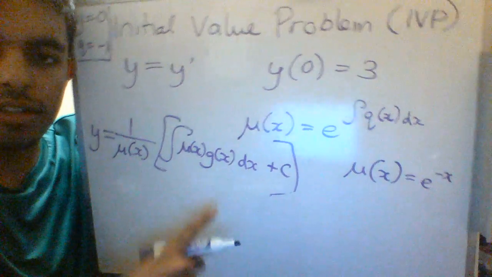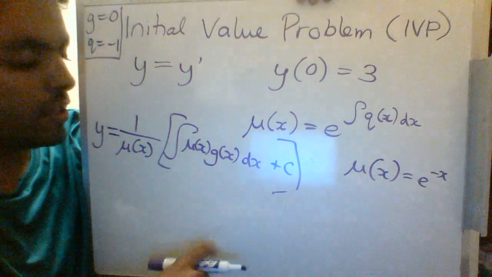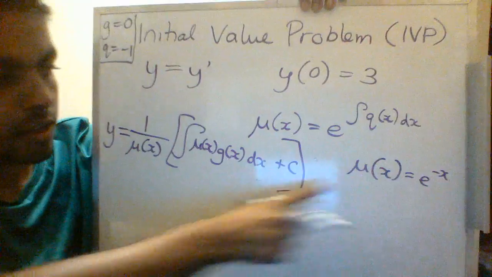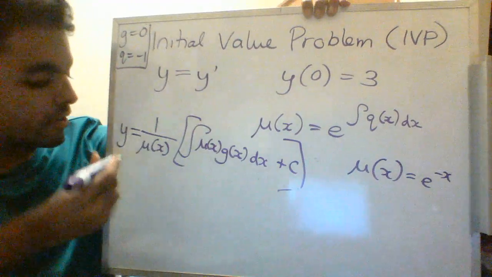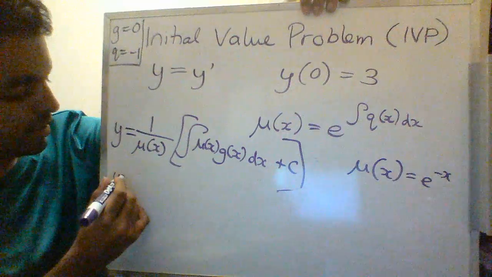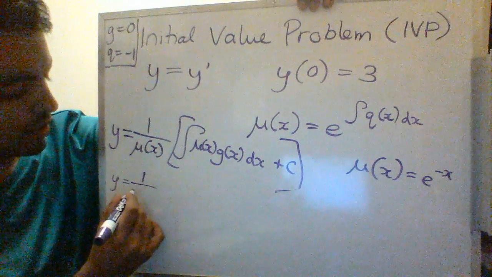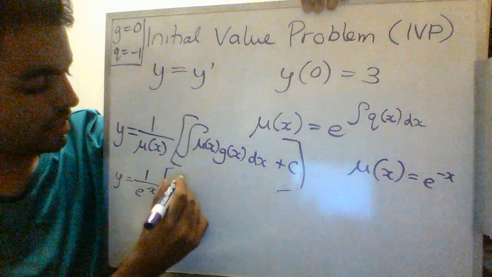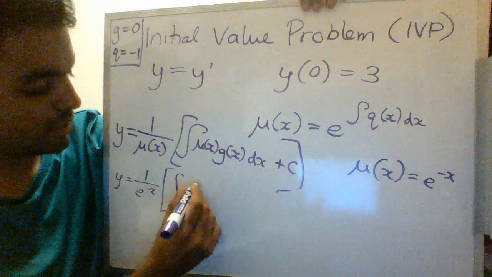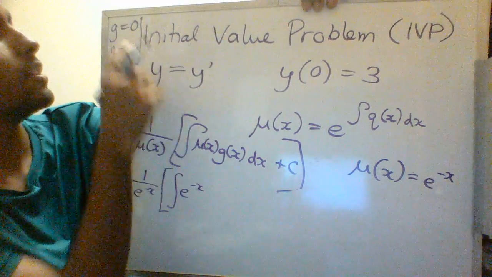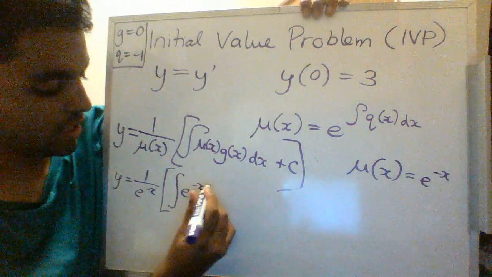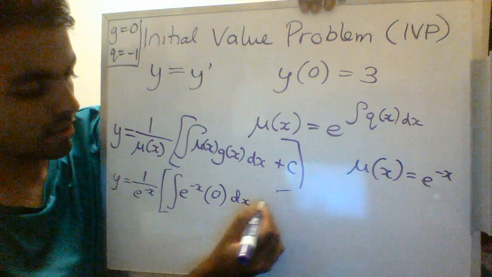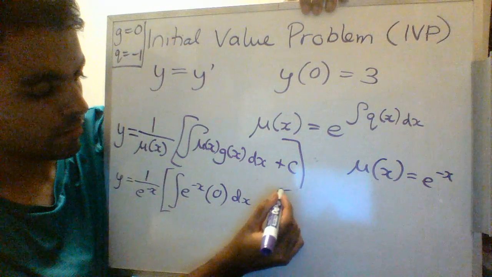And we know that this is the formula over here that we need to use. The plus c we didn't need to write, but it simplifies things a lot. Plugging in mu of x equals e to the negative x, we get y equals 1 over e to the negative x times the integral of e to the negative x. G of x is 0. So it's e to the negative x times 0 dx plus c.